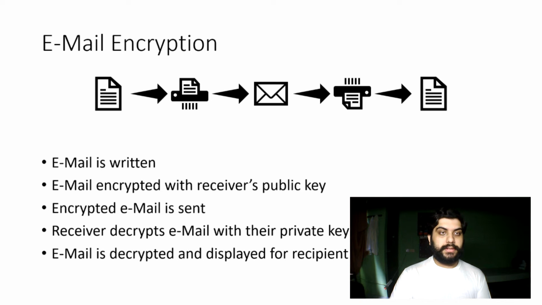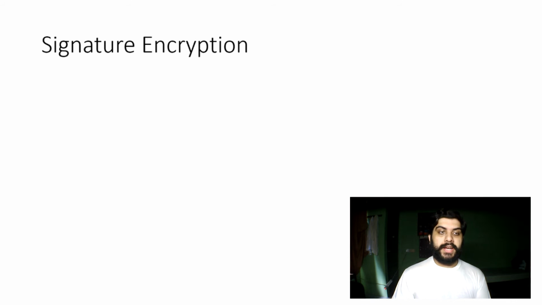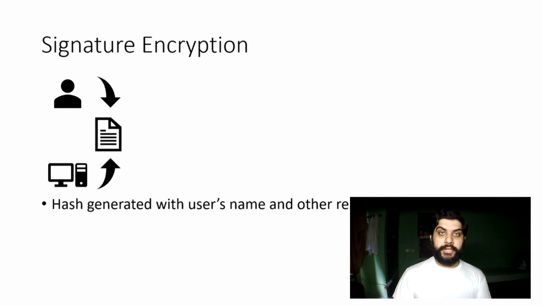The next form of use for PGP encryption is with digital signatures. What happens is a hash is generated with the user's name and any other relevant information available on the computer, for example, the computer's own MAC address, or perhaps the email registered with that account.